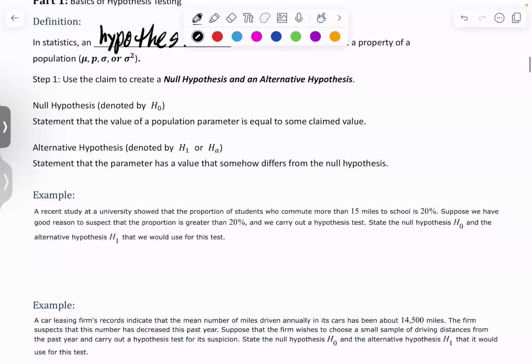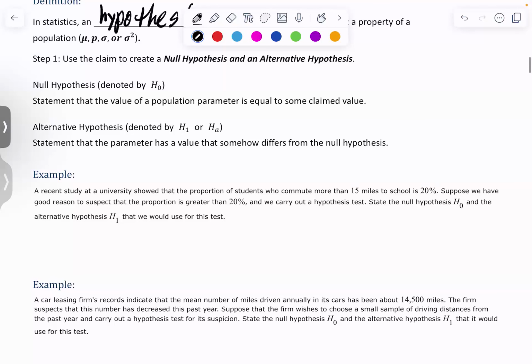We're going to use a claim to create a null hypothesis and an alternative hypothesis. The null hypothesis is denoted H sub 0, and this is a statement that a population parameter is equal to some claim value. The alternative hypothesis, which is H sub 1, is what I'm going to use.